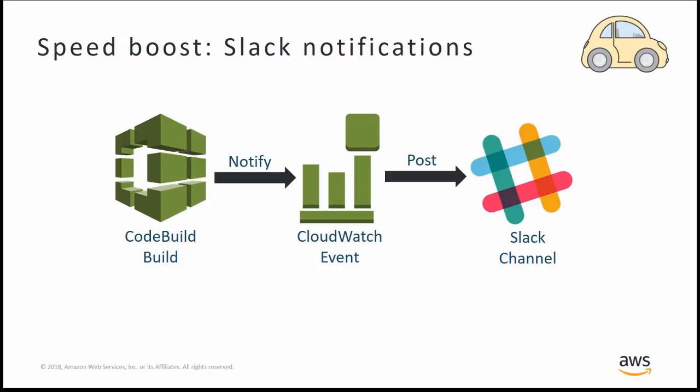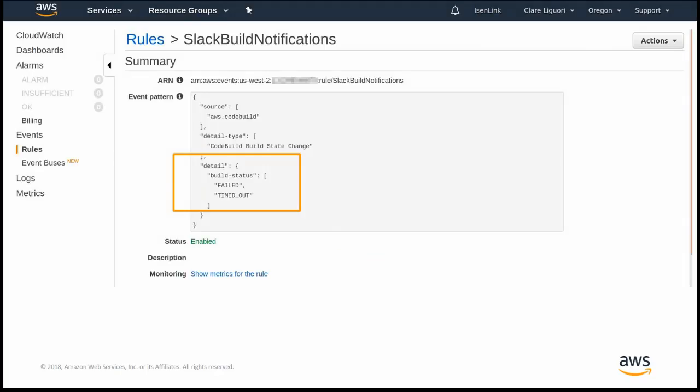So we're going to take advantage of Slack notifications to get notified immediately in our Slack channel that the CI build has failed. So we're going to use the CloudWatch events that are emitted by CodeBuild to post into our Slack channel using a Lambda function. This is a similar CloudWatch event rule that I used for email notifications.